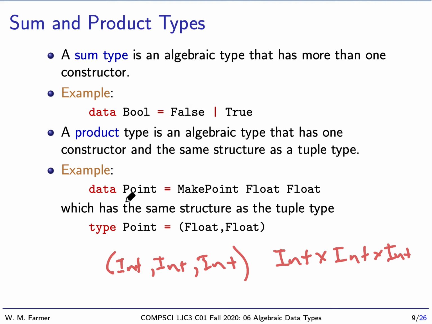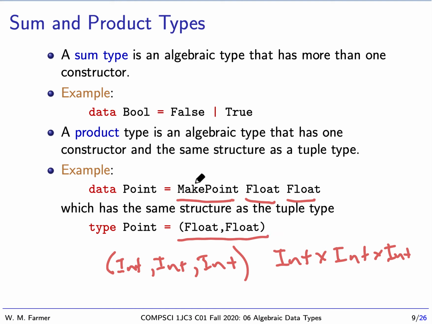So here's an example. We could create a new type called Point. We have one constructor, therefore it's a product type, MakePoint, and it takes two arguments. It takes a Float and a Float and gives back a Point. And this new algebraic type we created has the same structure as this tuple type.